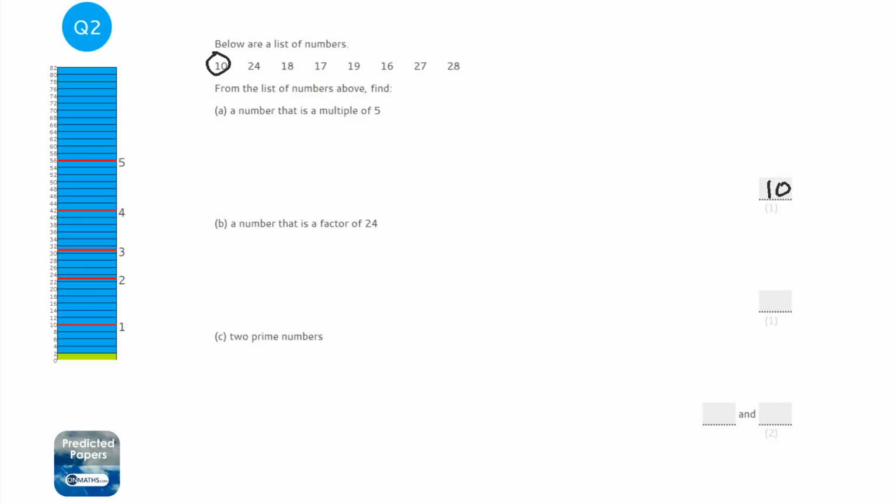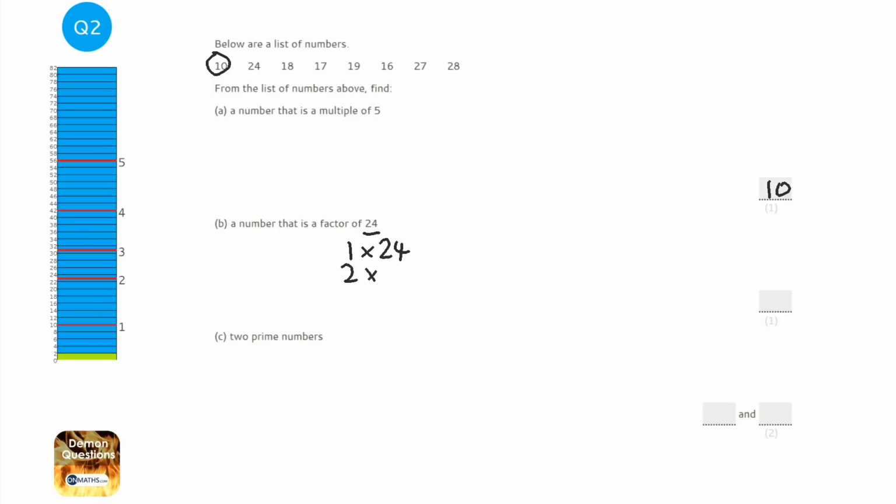Now factors go the other way. A factor of a number means that the number, so 24, is in another number's times table. The easiest way to find the factors of 24 is you start off with 1 and 24, because 1 times 24 is 24.